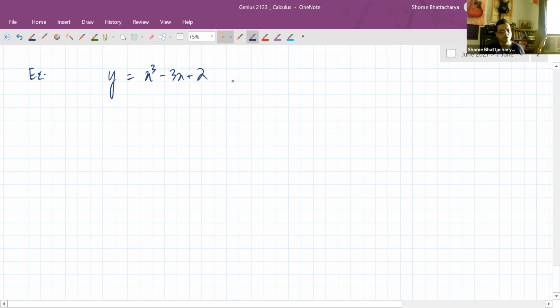And I take a restricted domain that x is, let's say, in between 0 and 10. Now I ask you, what is the global maxima and minima for the given domain?